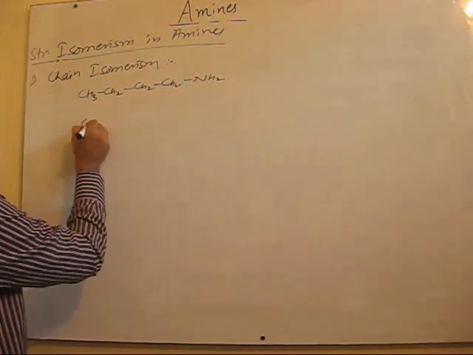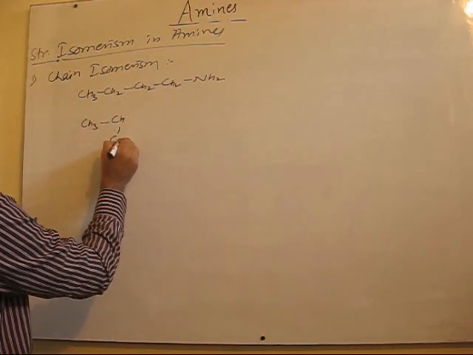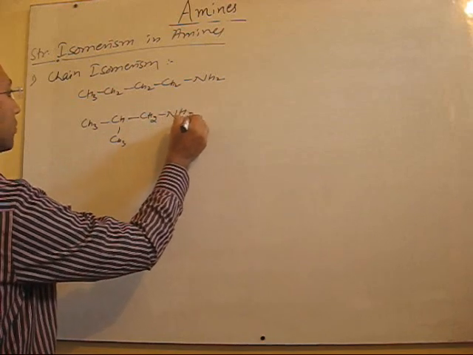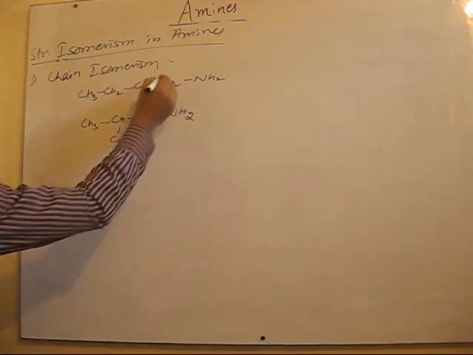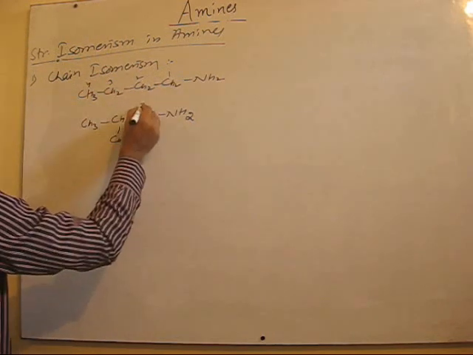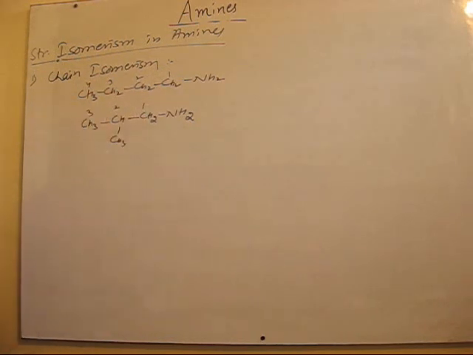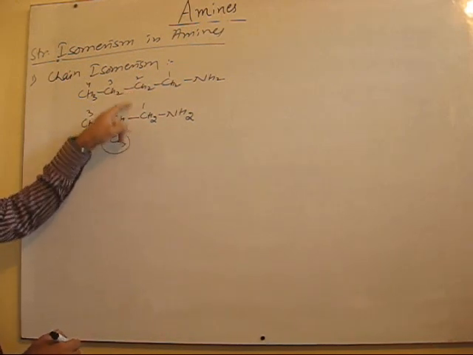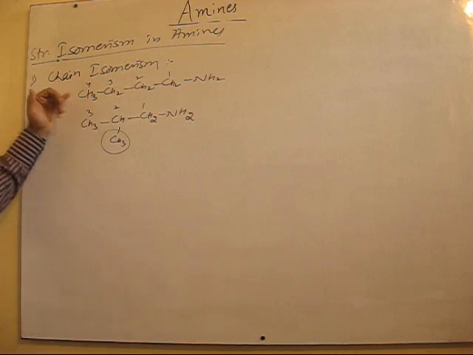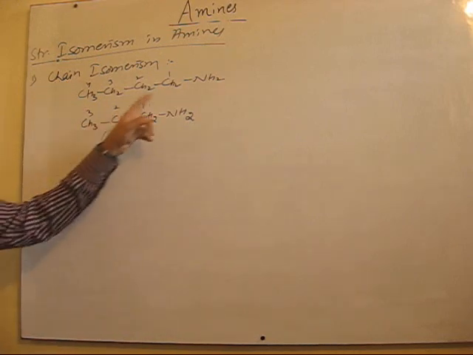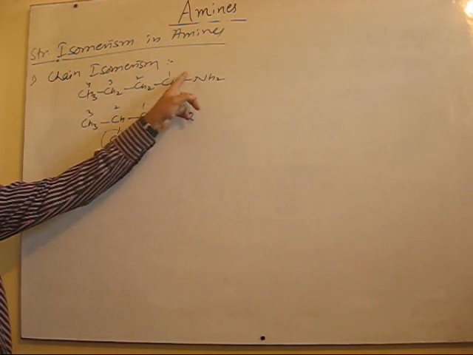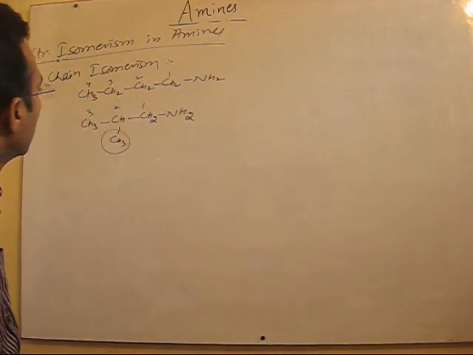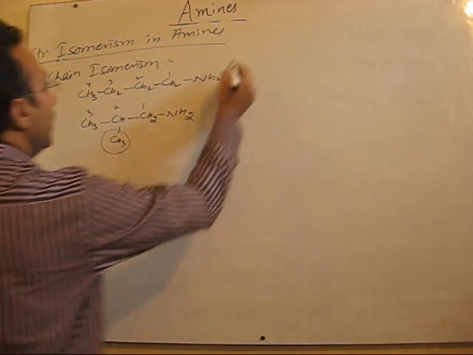So for example here CH3, CH, CH3, CH2, NH2, fine. So you see here, this is 1, 2, 3 and 4, this is 1, 2 and 3. As a branch is there, the length of the chain is reduced. These two are chain isomers. If you see, their molecular formulas will be same, but the length of the chain is different. Moreover, the position of NH2 group is again same. So it's not a position isomer. Fine. So this is one example.